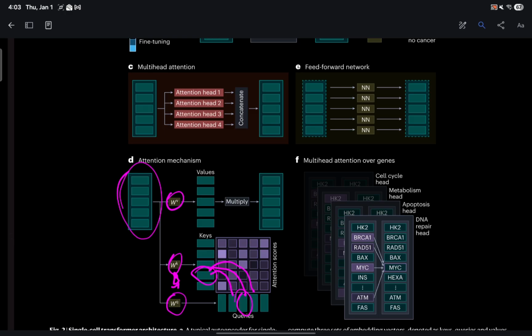So basically, if you have this gene, you will have its importance relative to all other genes, and from this we can have the gene regulatory network, which I'm not 100% sure how accurate it is, to be honest. For me, it doesn't make sense that it always has some biological meaning, but yeah, I don't know.